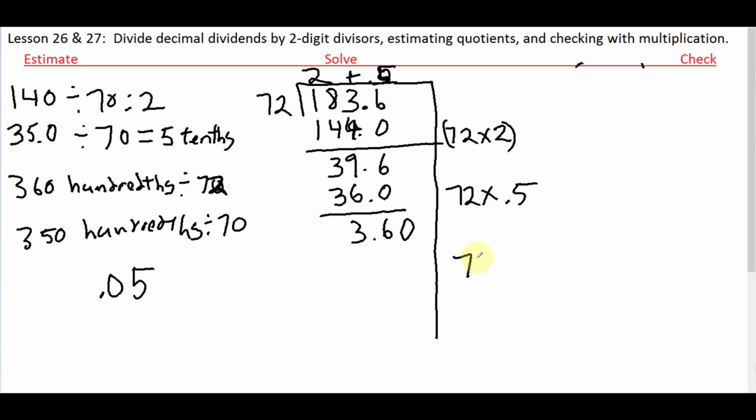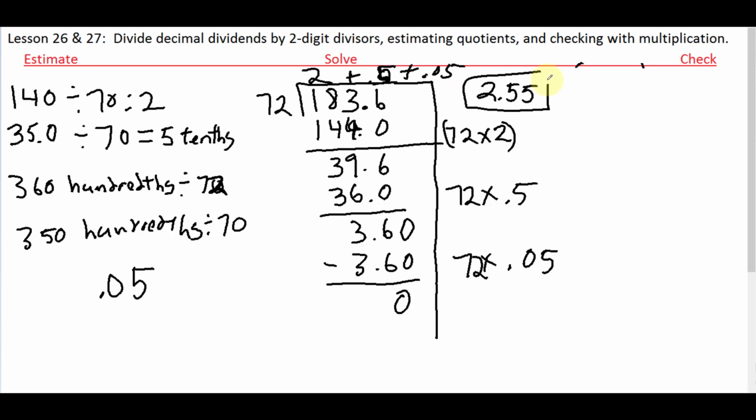So 72 times 5 hundredths, we've already figured that out, it's going to be 360 hundredths, which equals 3 and 60 hundredths, which will leave us with 0. So I'm going to add that into my partial quotient, leaving me with 2 and 55 hundredths for a final answer.